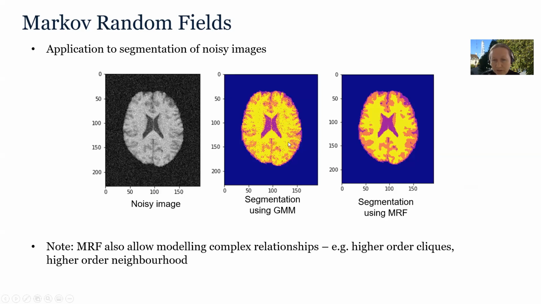For example, here we lost some true white matter. This is just the simplest possible example of the use of Markov random fields to model the prior, but we can also model more complex relationships, for example, higher order cliques or higher order neighborhoods.